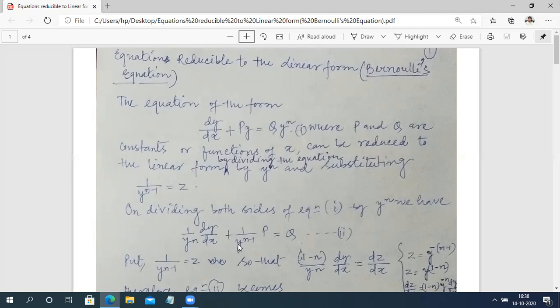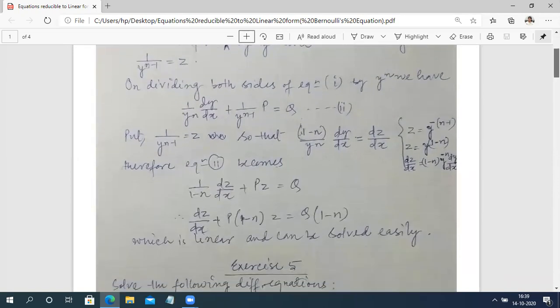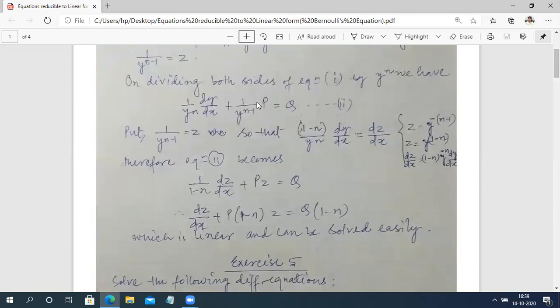That means it will be y times 1/y^n, which is 1/y^(n-1), equal to Q. We are dividing by y^n, so on the right hand side only Q will be left. Got it? Now in the second step you have to substitute the coefficient of P, that is in this case 1/y^(n-1), equal to z.